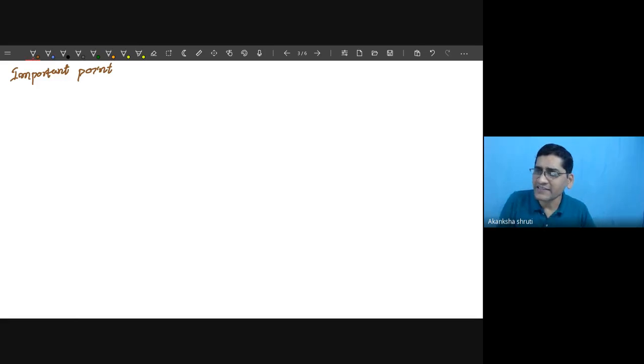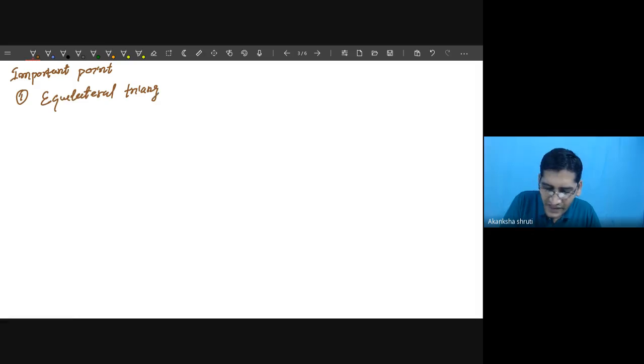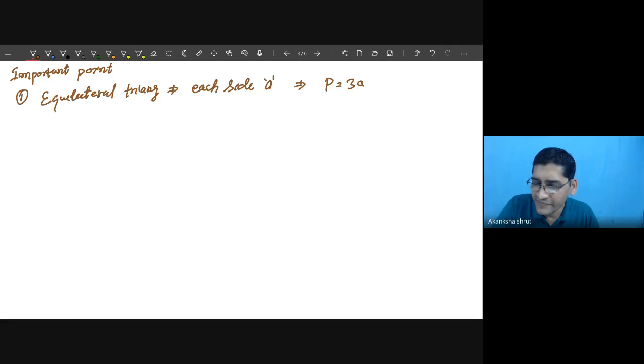If it is given that it is an equilateral triangle, first, say if it is your equilateral triangle, then you shall take all the side lengths as A. In this case, the perimeter is obtained by A plus A plus A becomes 3A, and the area is obtained by A square root 3 by 4.